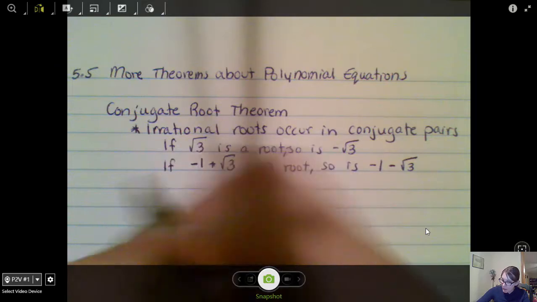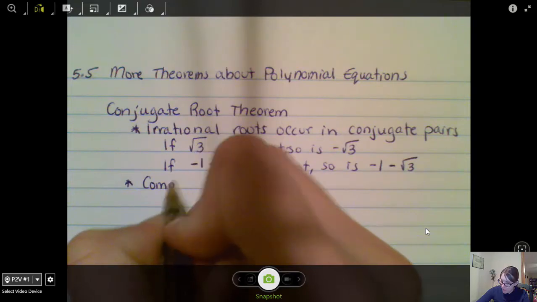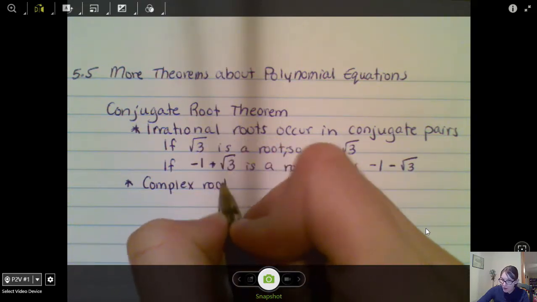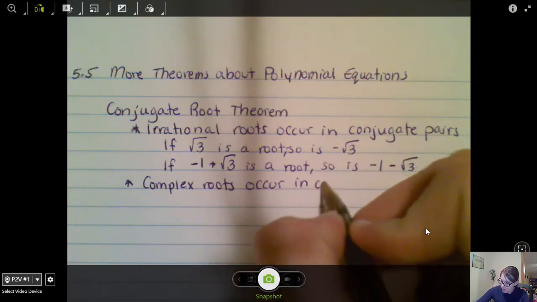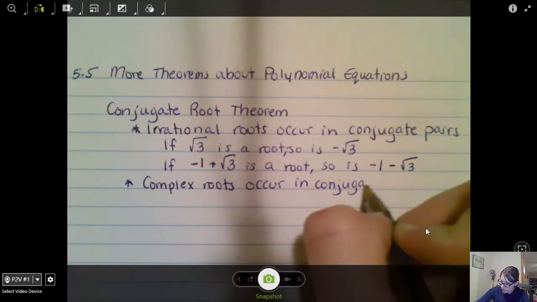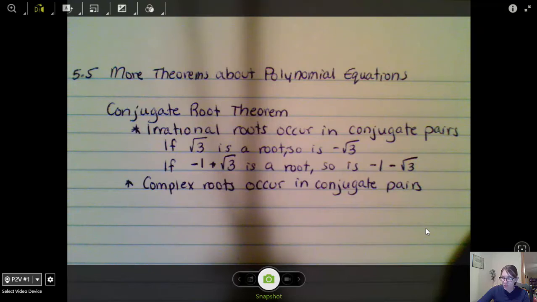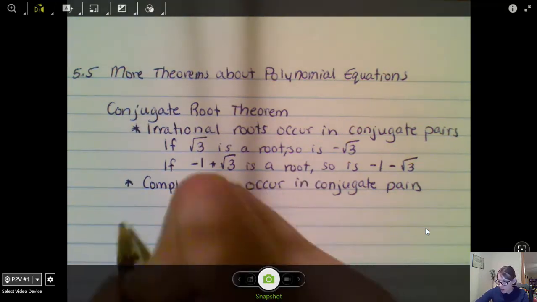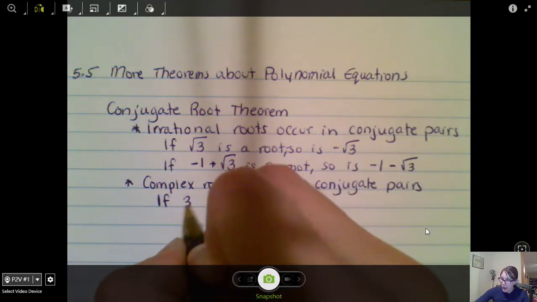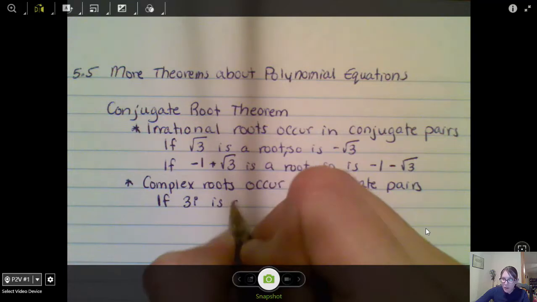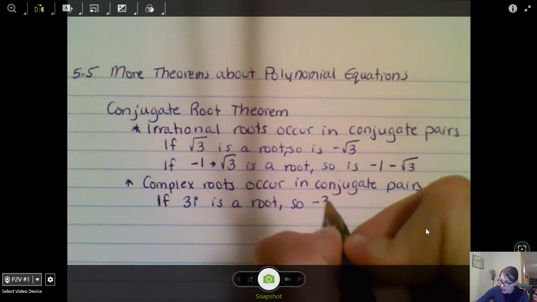The conjugate root theorem does address complex numbers also. Any complex roots occur in conjugate pairs as well. So a couple examples again. If we had 3i is a root, so is -3i.